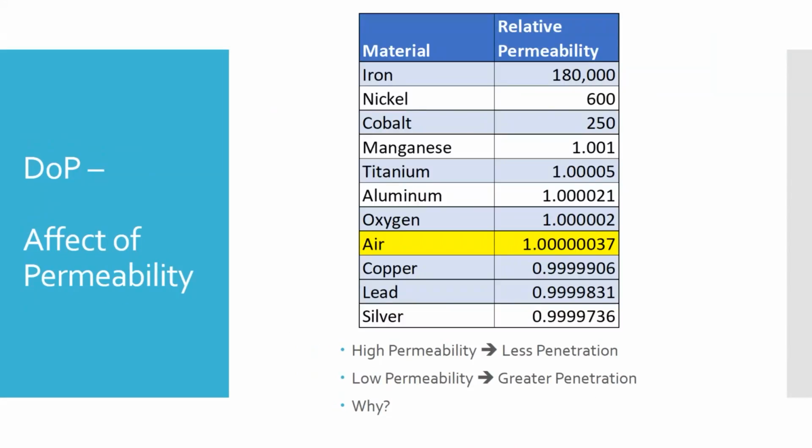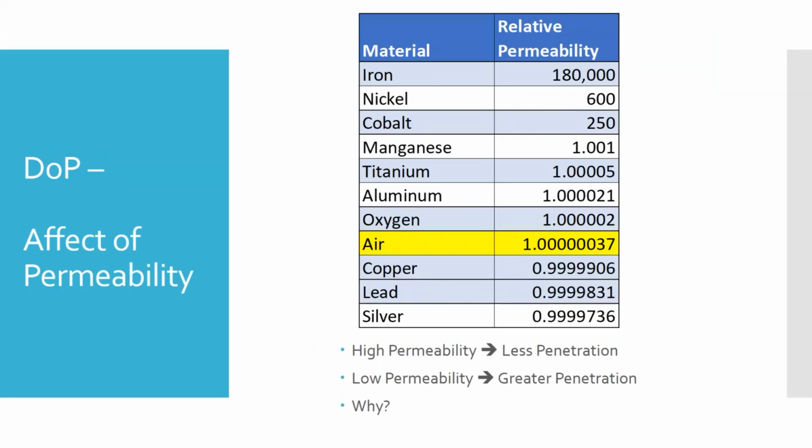So the higher the number, the easier it is to magnetize something. You can see aluminum isn't much different than air. Aluminum doesn't become magnetic, but a magnetic field will form in it if you're running a current through it, or if you put it near a coil that has a current running through it. Whereas iron will actually become magnetic.